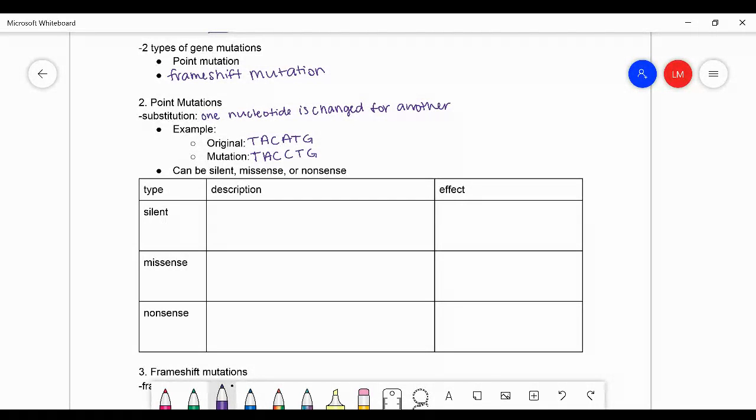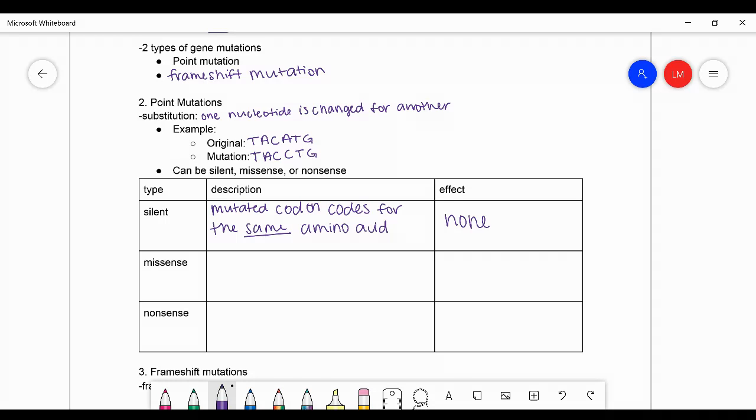With a silent mutation, the mutated codon codes for the same amino acid, which gives us no effect. So think back to our codon chart.